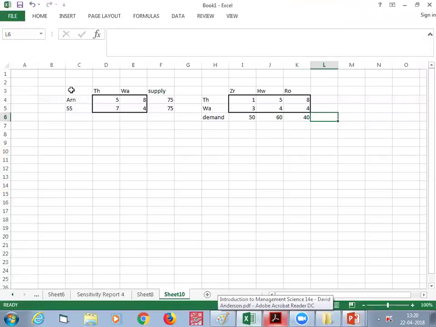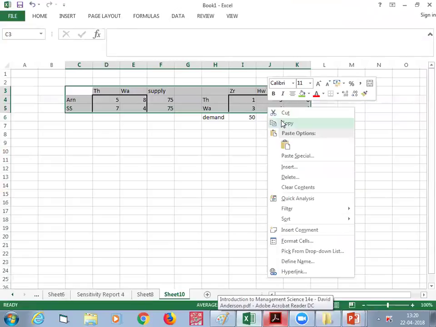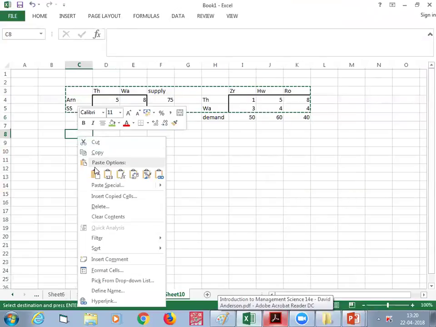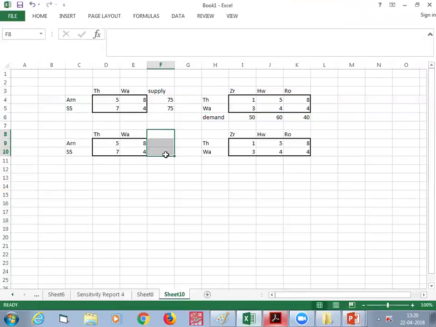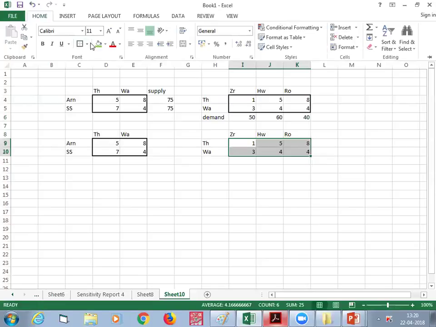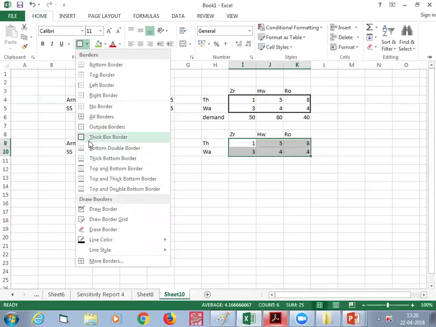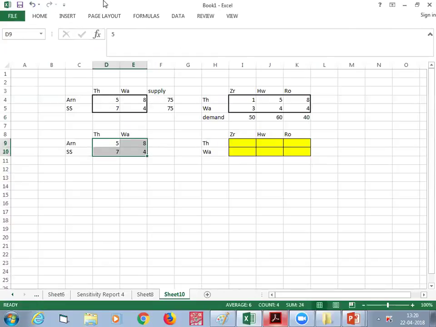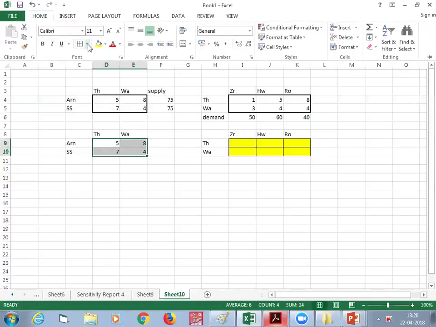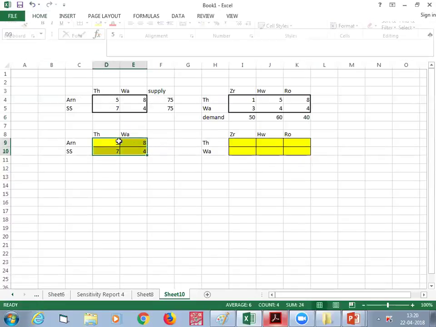So what we're going to do is very simple. We will take both of these as to create our variables. So we don't need supply here, and all of these become our variables. Okay.